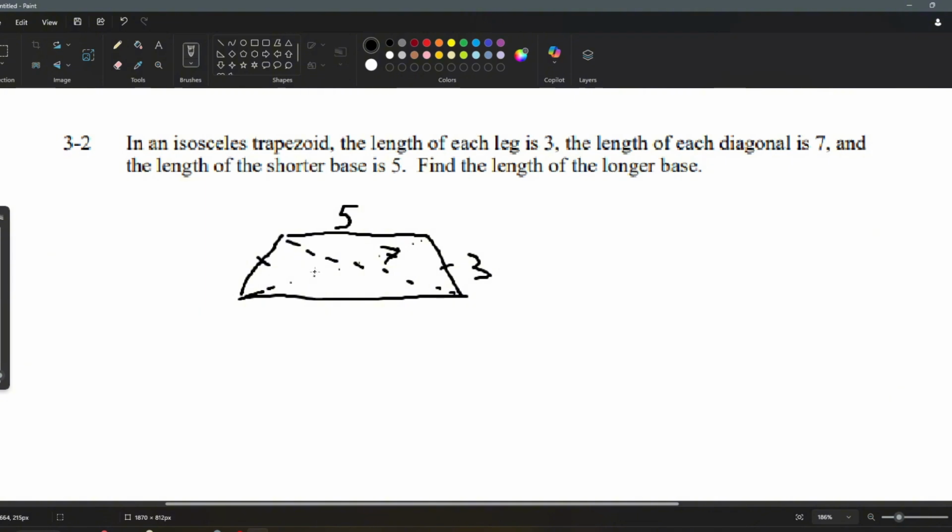Is this a similar triangle? If these bisect, are those the same? These two are definitely the same. This and this I don't think are the same. Is there any way to find that, though?